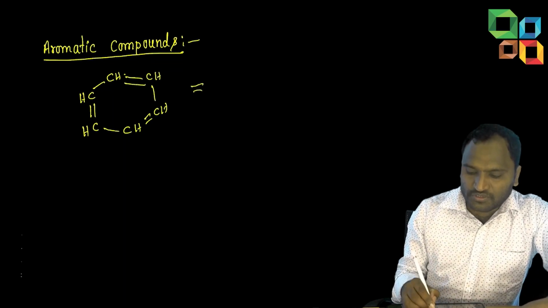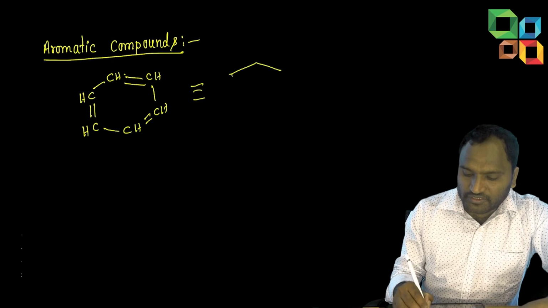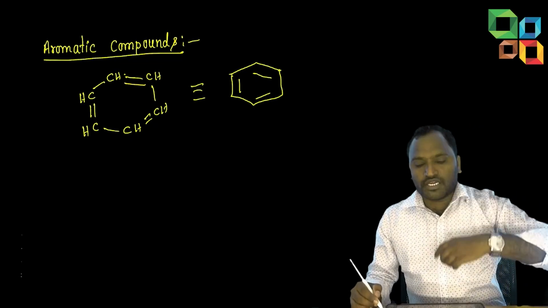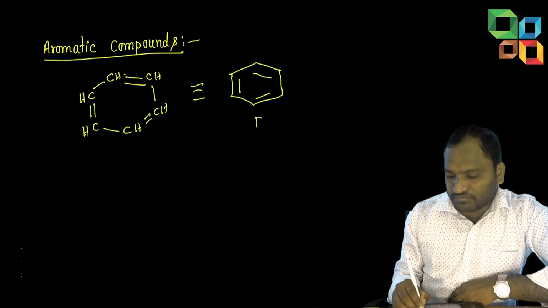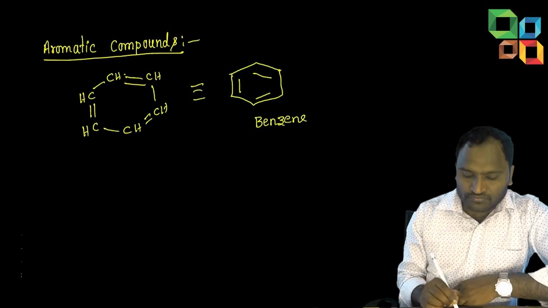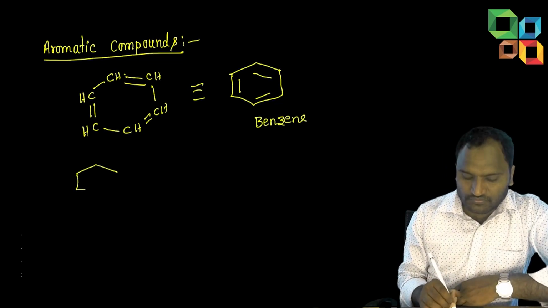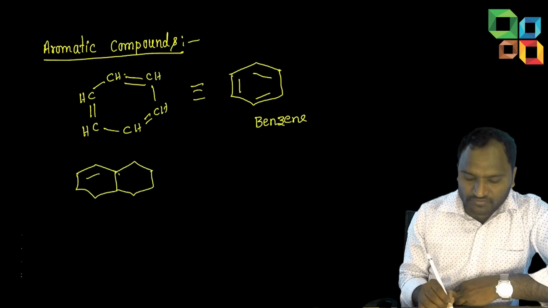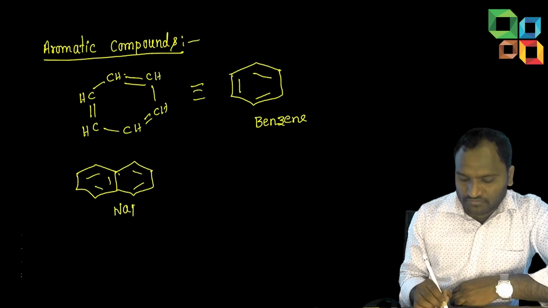Alternating double bonds are there. So if we write the line structure, double bond here, double bond here, double bond here. This is called aromatic benzene. To this benzene ring, if we attach one more benzene ring, it is called naphthalene.